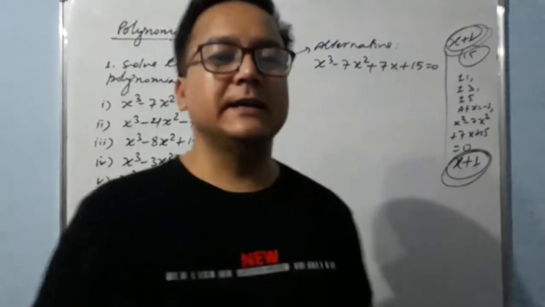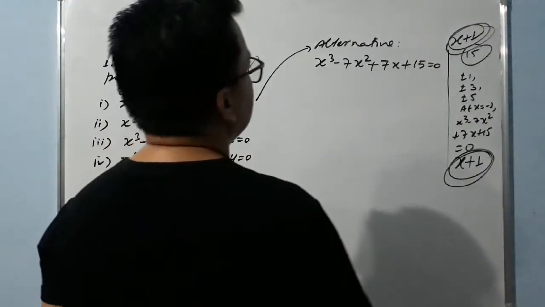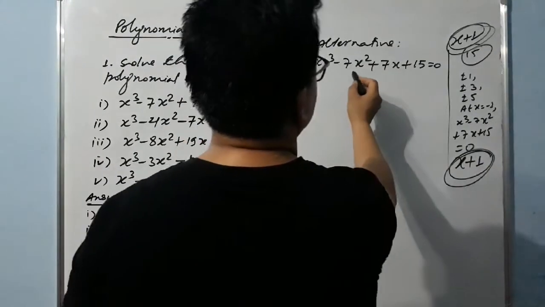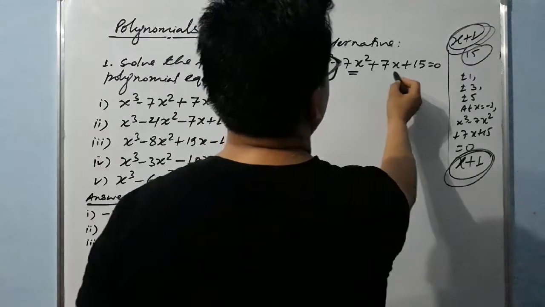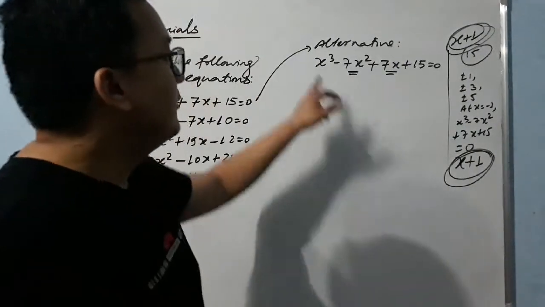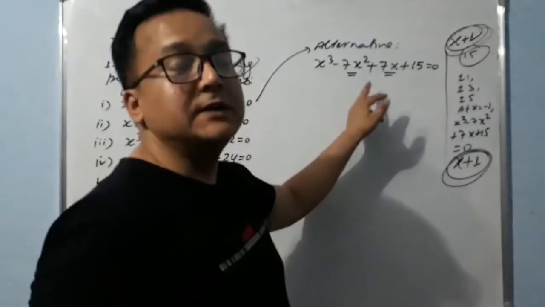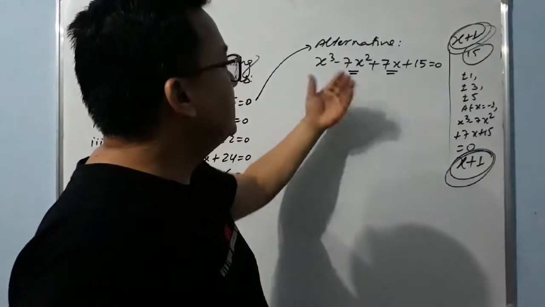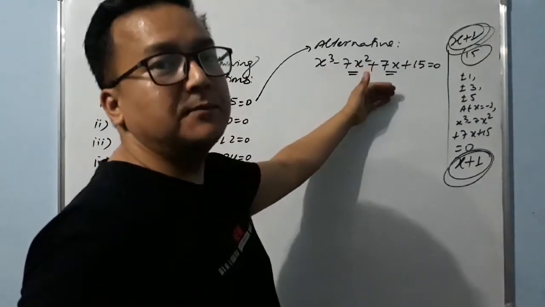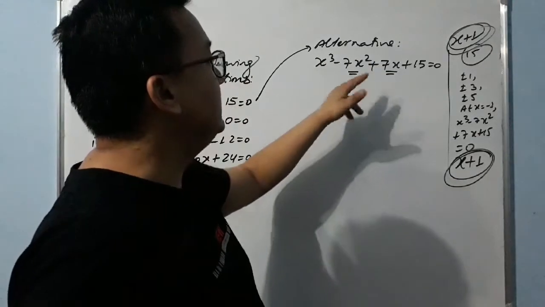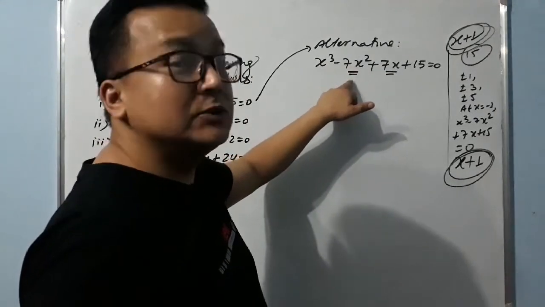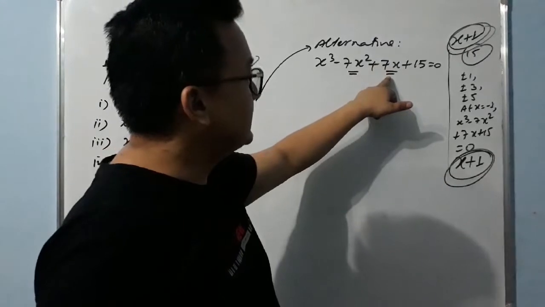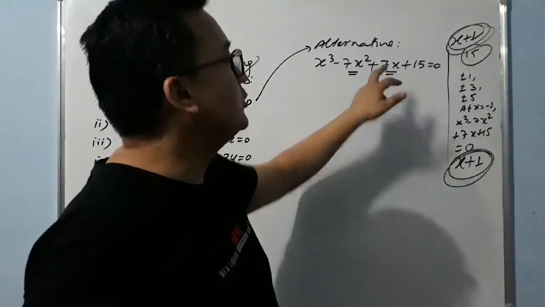What do we do here? Now see here. We just split these two terms, this one and this one, the middle terms. 1, 2, 3, 4. These two are the middle terms. Here we will split each of these two terms into two terms.